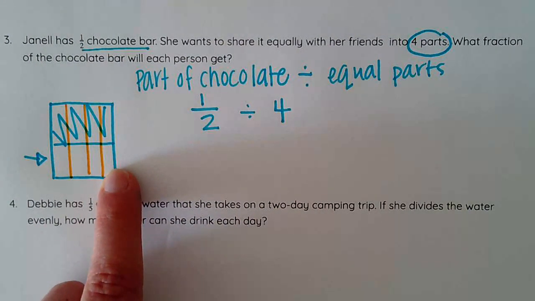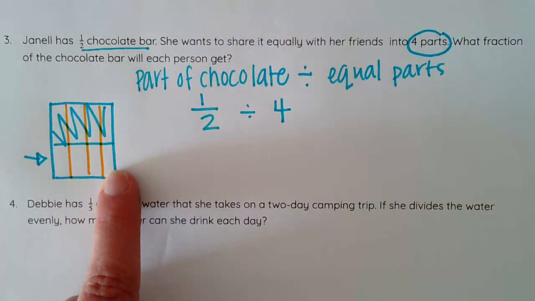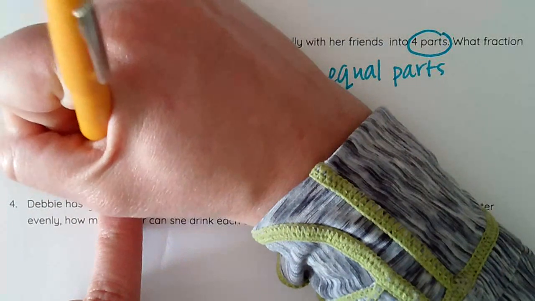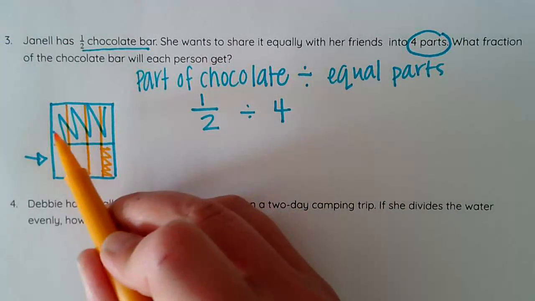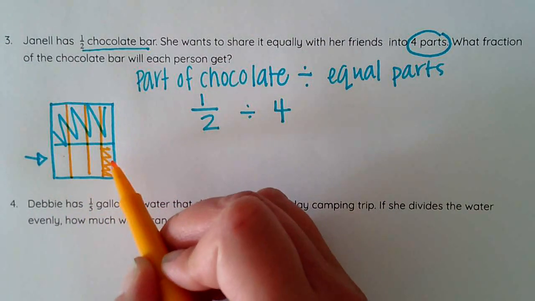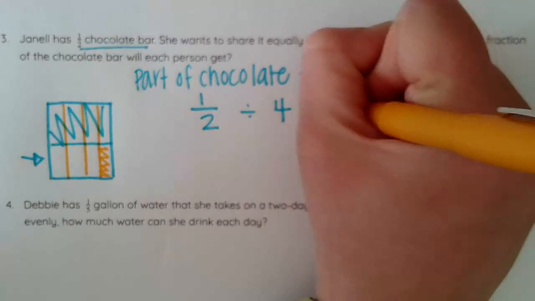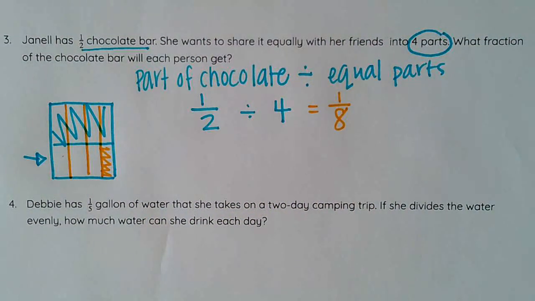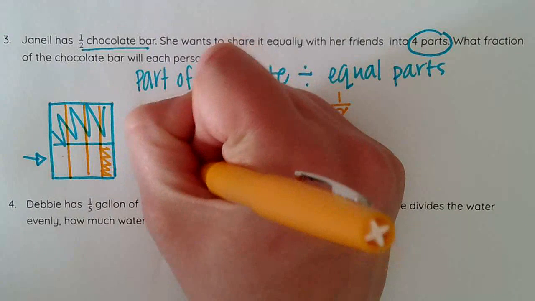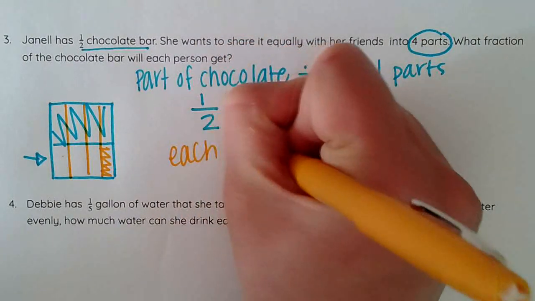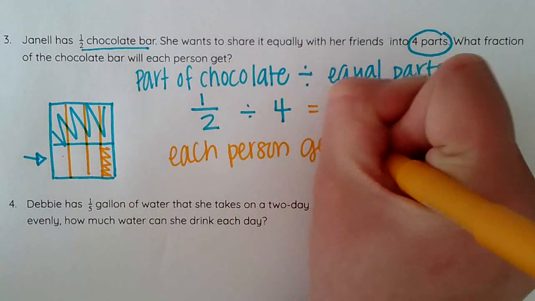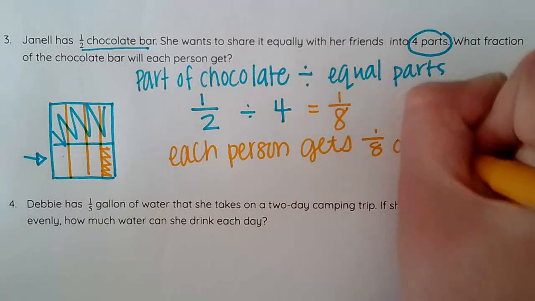I want to know how much of the chocolate bar I'm getting. I am getting 1/8. There are a total of 8 pieces now. I'm getting 1 of those 8 pieces. So each person will get 1/8 of the bar.